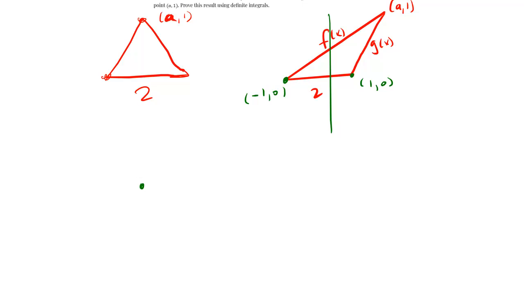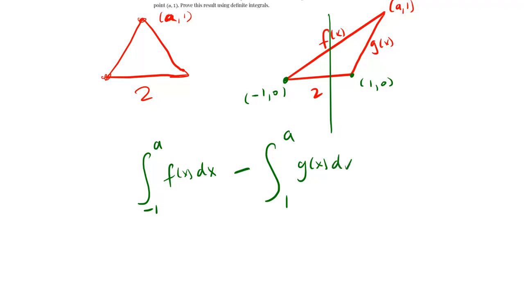And so I'd say the area underneath f of x, which would be this thing right here, is the integral from -1 to a, so those are the ends of the x values, under f of x dx. And notice in this picture right here, I would want to subtract off the g of x. So I would subtract off the integral from 0 to a of g of x dx.